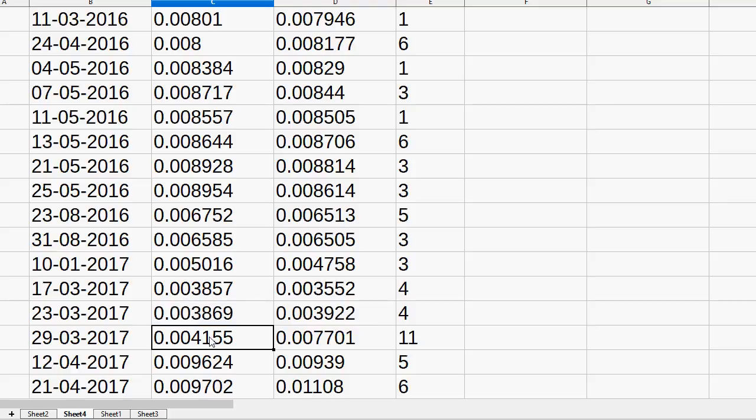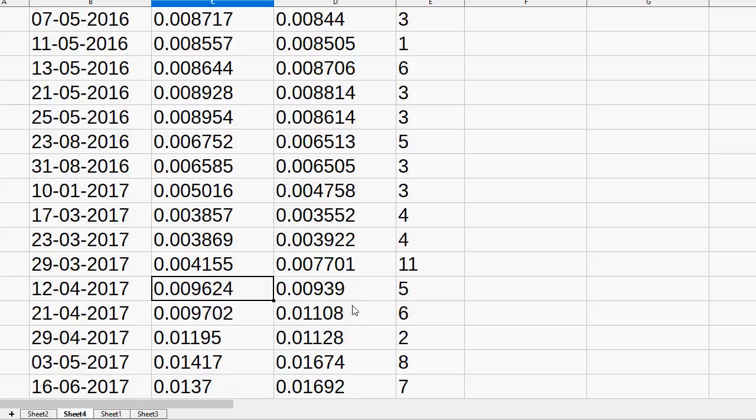Buy back in when it's a little more expensive, decent size gain, going from the 41 handle to the 77, staying for 11 days. But here's a situation of very interesting note. You got out at the 77, but then you got back in at 96.